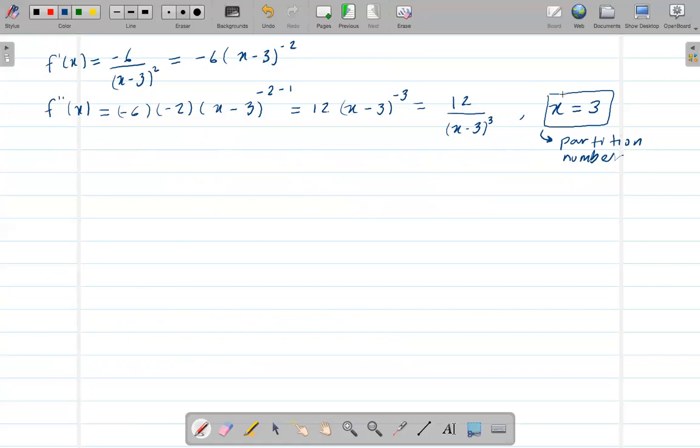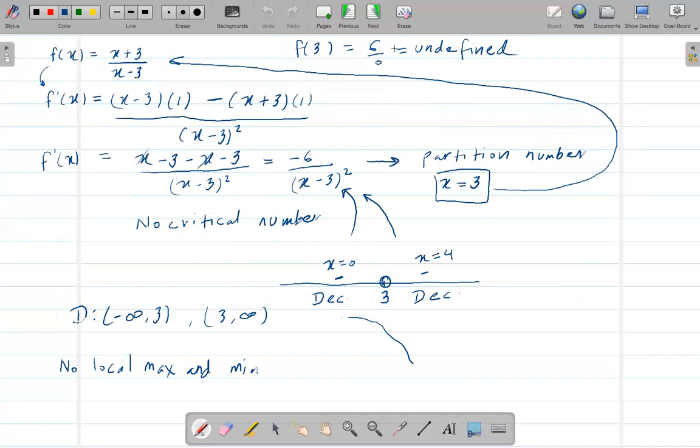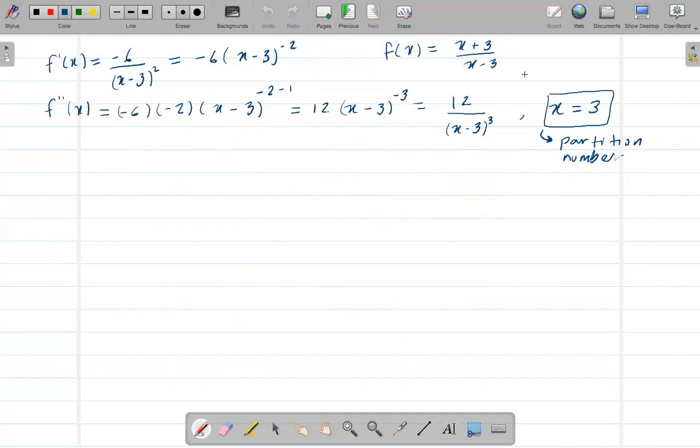So similarly, I can take this x is equal to 3 to the original equation. So what is the original equation we had? Our f of x was x plus 3 over x minus 3, right? So if I say x is equal to 3, a similar thing we did here, it will be again undefined.